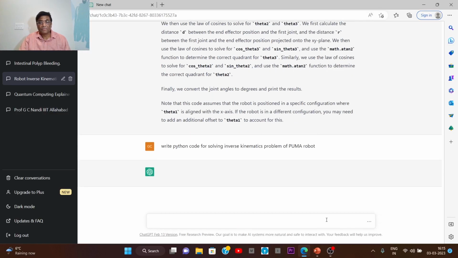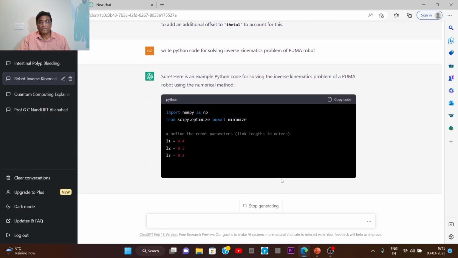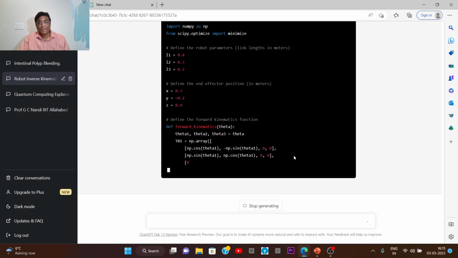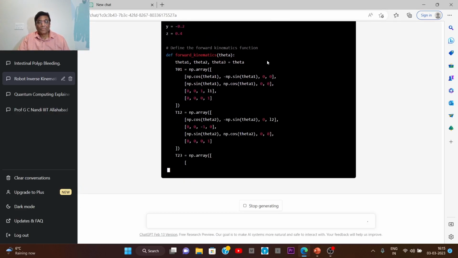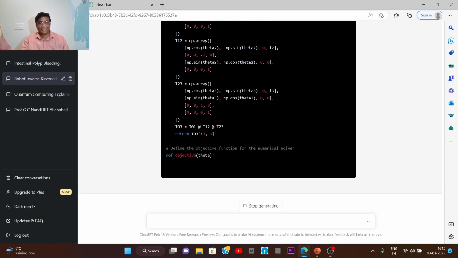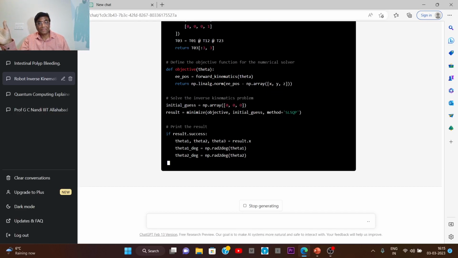Let me see. This time, you see, it has simplified the problem. It has taken the geometric approach, and instead of 6 degrees of freedom, it is now three joints.